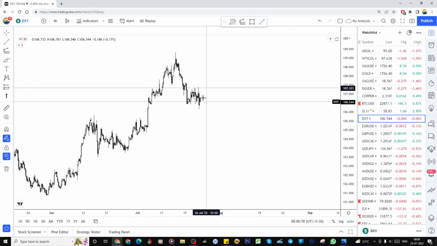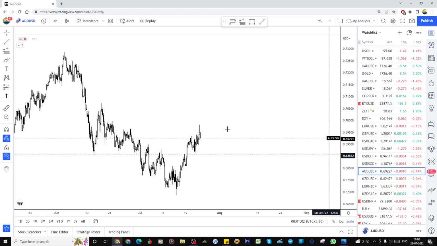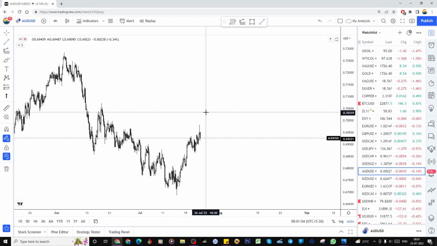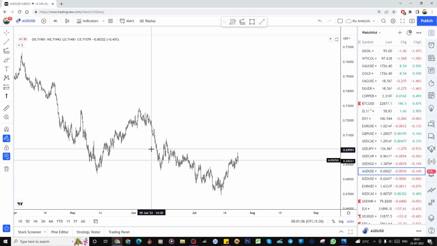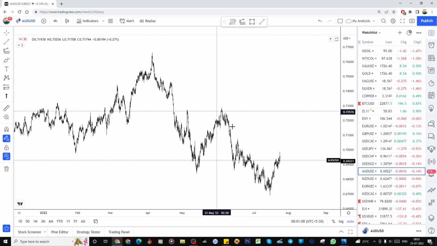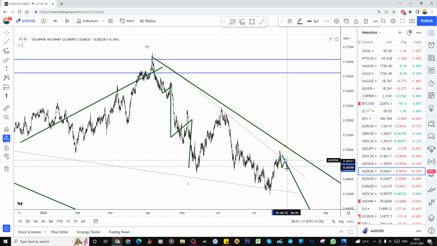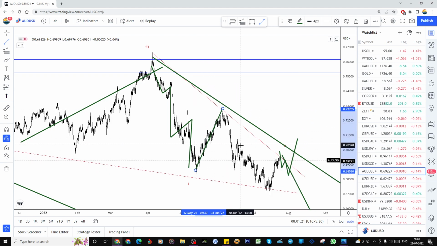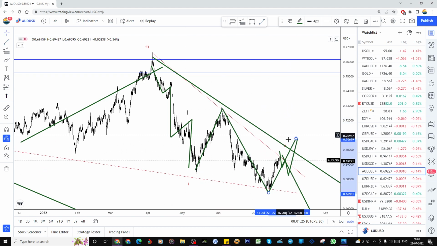So according to this, whether we are having one more high, or this is the A, this is the B, and this is the C, or this could be the W, this could be the X. So one more possibility, a 3-wave structure, and one more high. So that means this is the 1, this becomes the 2.